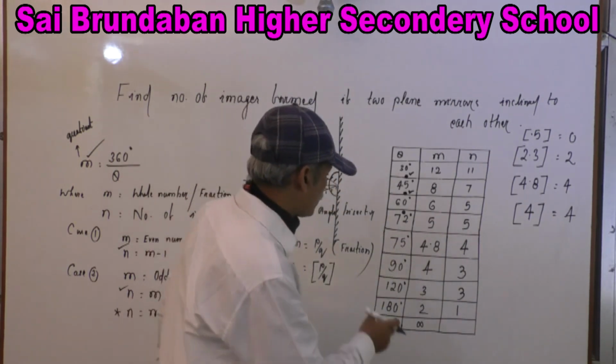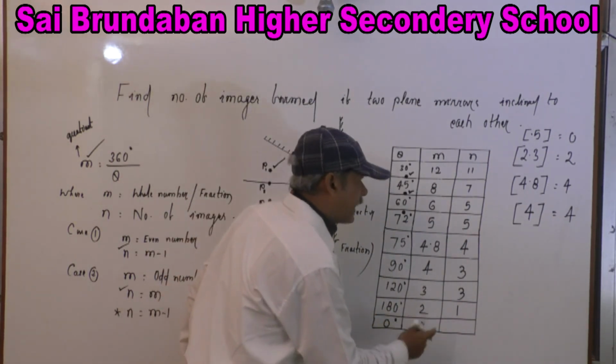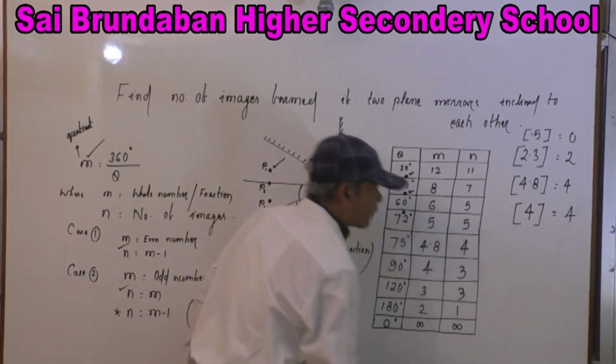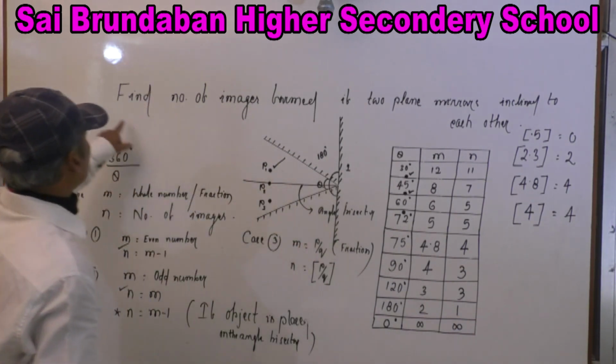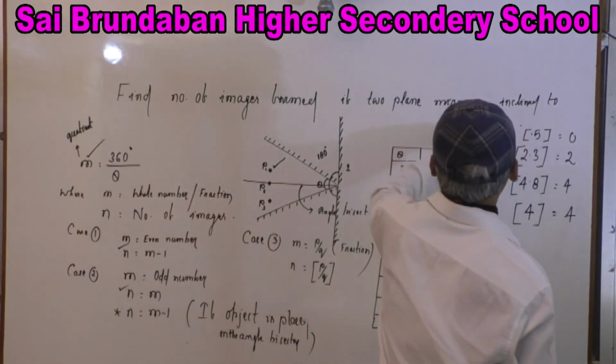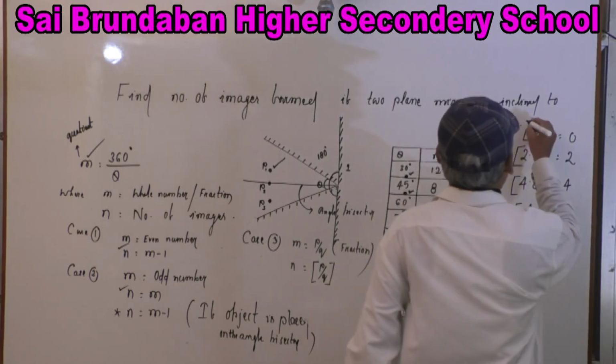That's why the number of images is infinity. This is all about finding the number of images formed if two plane mirrors are inclined to each other at an angle theta.